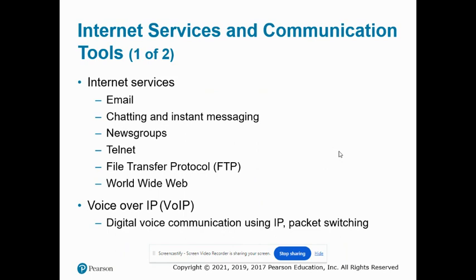Here we continue about what the internet is, looking at the services or applications that the internet supports. Note that the internet comprises many more services than just email and the web. Which of these services, beyond email and the web, have you used?